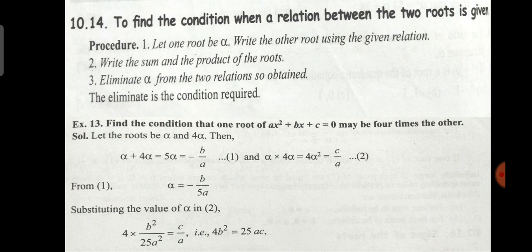So first you have to let one root be alpha, and the next root is as given in the question. You have to find the relation. Then the second step is to write the sum and product, then eliminate alpha, and then find the condition. Substituting the value of alpha in equation 2, you will get 4 into (minus b by 5a) the whole square is equal to c by a.